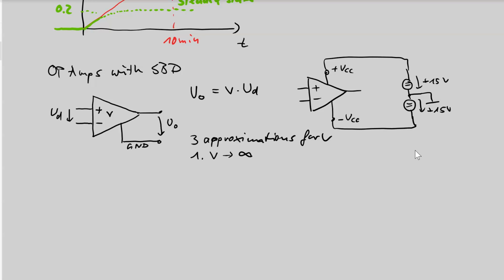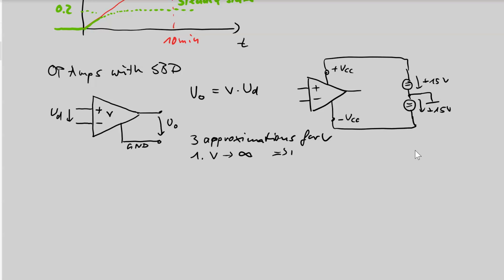That is not the way we want to work, so we can say if the output voltage is within these both voltages, that follows automatically to the fact that the input differential voltage is nearly 0, because maybe this is 10 volt, 10 divided by infinity, and this is 0.